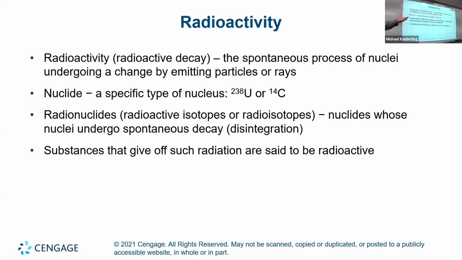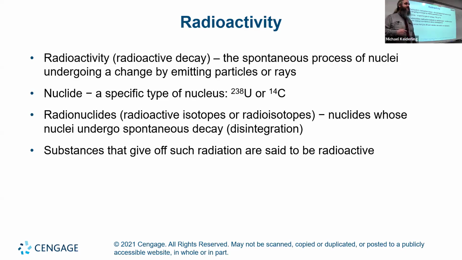Radionuclides, or radioactive isotopes or radioisotopes, are nuclides whose nuclei will spontaneously decay to become some other nucleus and emit radioactivity. And substances that give off such radiation are said to be radioactive. So, for example, uranium-238 or carbon-14 are both radionuclides.